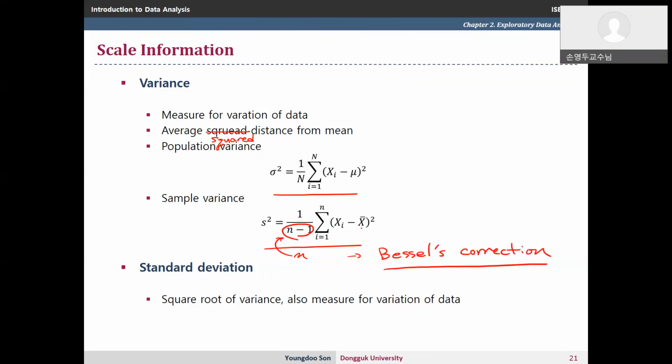For example, this x bar uses all the x's, so the degree of freedom becomes n minus 1 rather than n. That is also correct. However, this Bessel's correction can be proved rigorously by assuming that the expectation value of S squared becomes sigma squared, or in other words, S squared is an unbiased estimator of sigma squared.